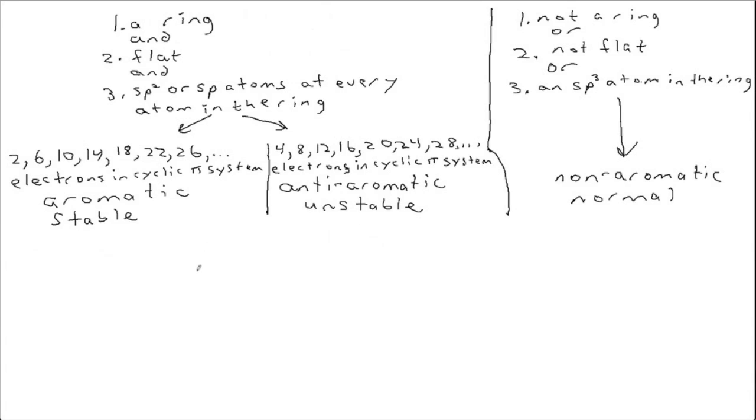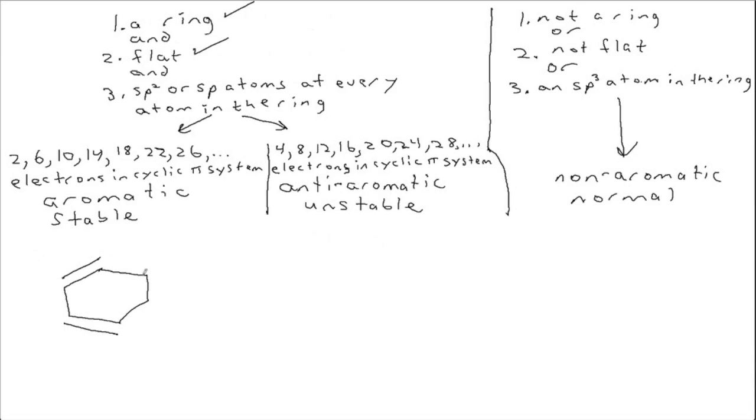So let me give you a few examples of how this approach would work. So for example, let's try to figure out what category this molecule falls into. Well, it is a ring. And remember, we're just going to assume that everything is flat.